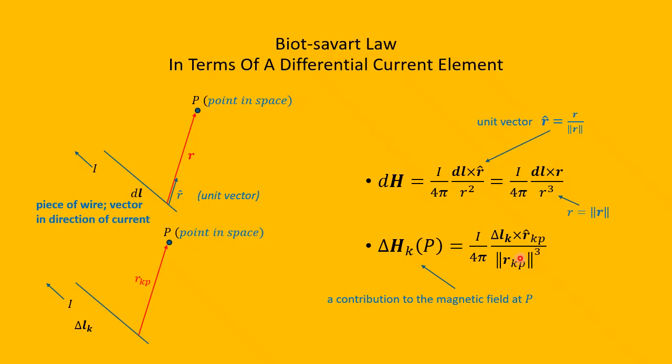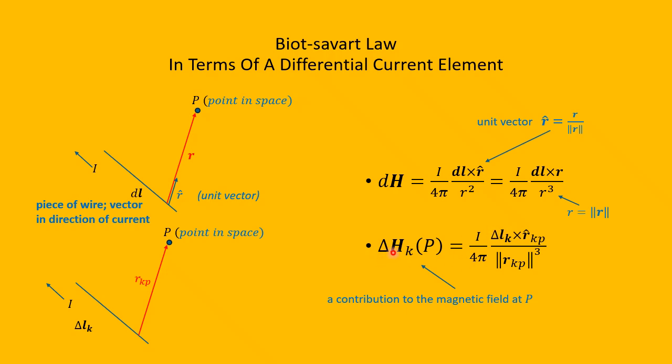In this picture, R hat sub kp is just the normalized version of R sub kp, just as we had R and R hat up here. We're doing the same sort of thing right here.